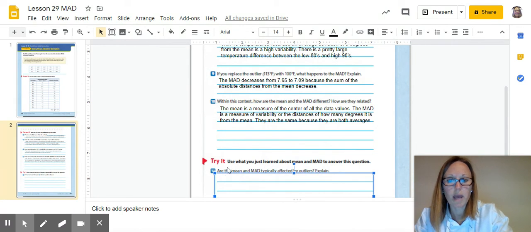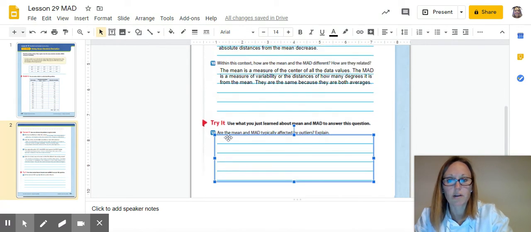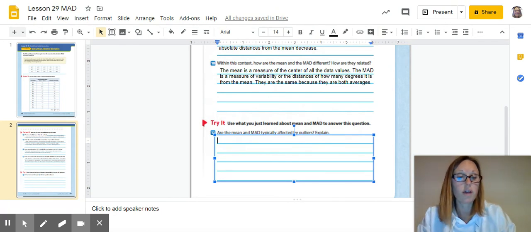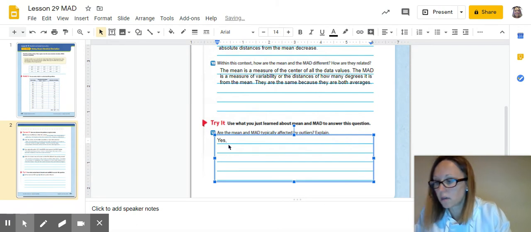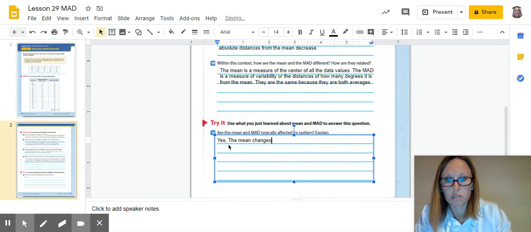Are the mean and MAD typically affected by outliers? And the answer is yes, because you have to use the values to add them up. So the answer would be yes. The mean changes when high or low outliers are removed.